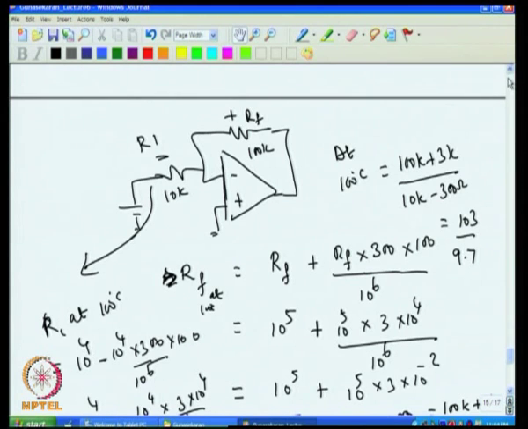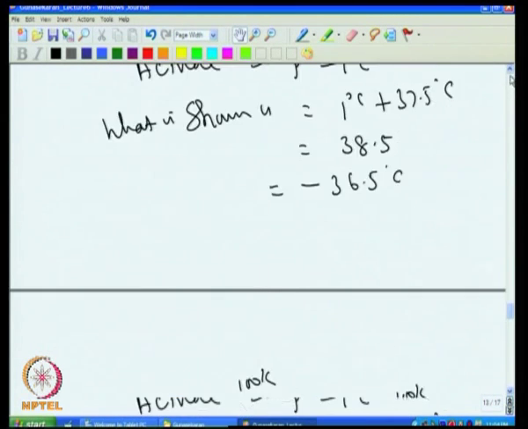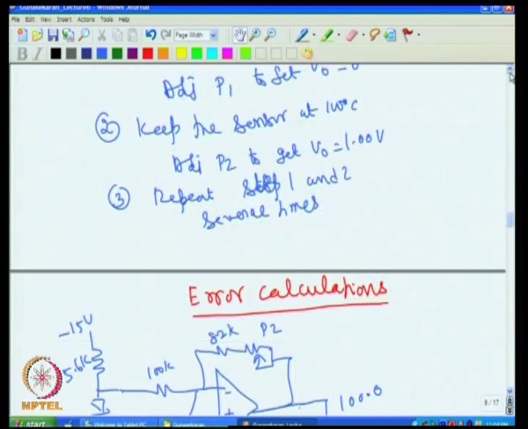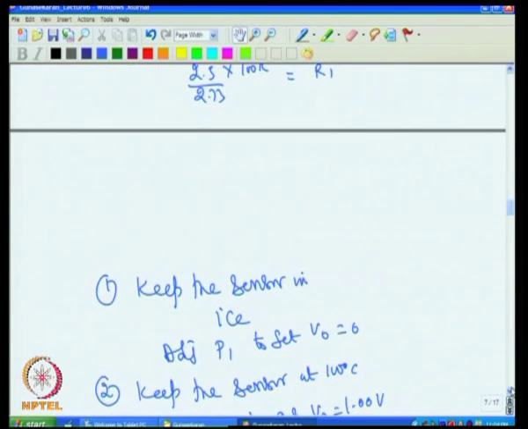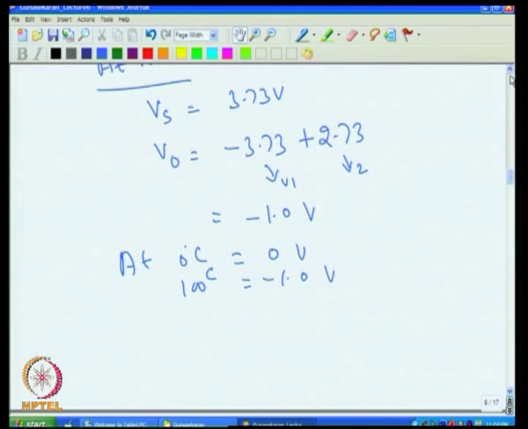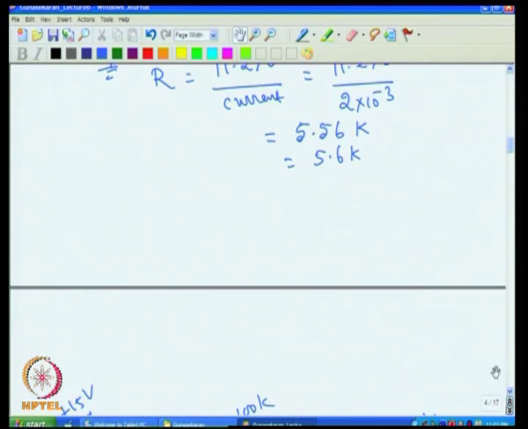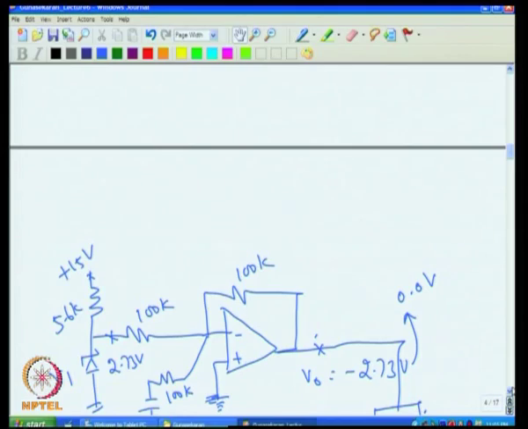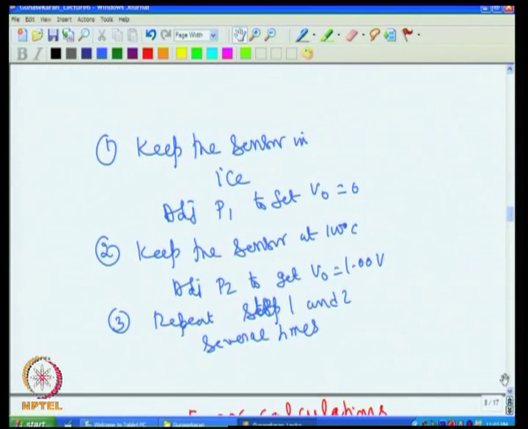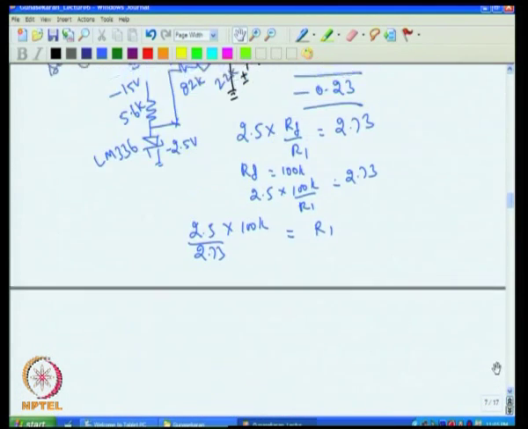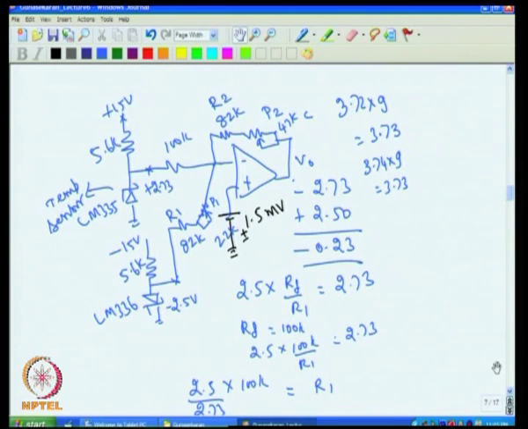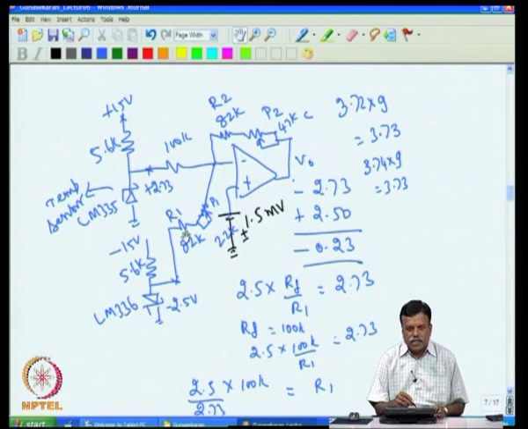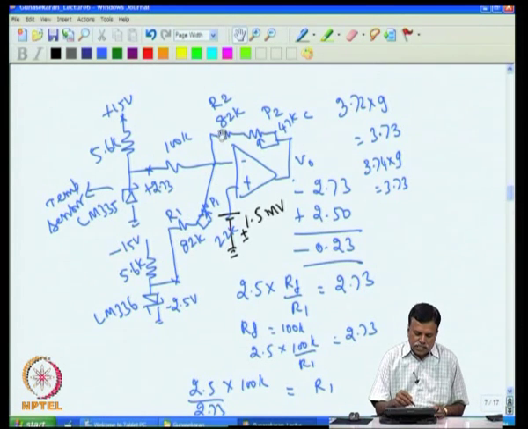Now, in the same way we have to calculate the error for our example circuit, that is the temperature indicator circuit. What is the expected error? So, we go back to this circuit and find out, if these resistors change, what is the expected error that you will get, because we can't assume that these resistors are not changing.